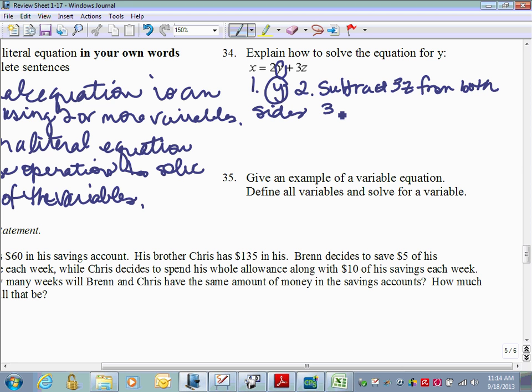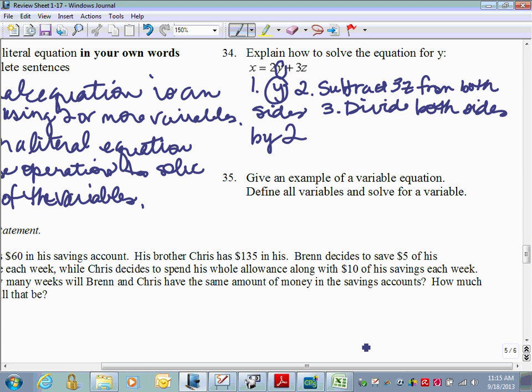Number 3, I would divide both sides by what? By 2.